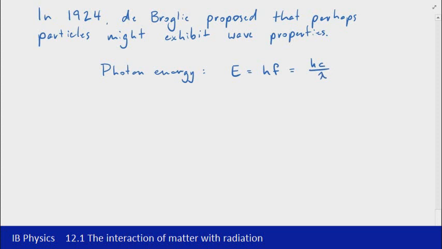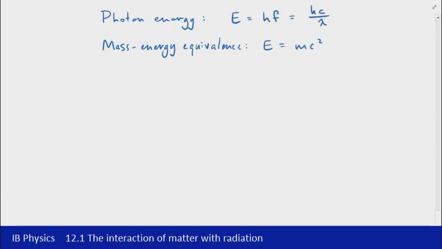If we then also look at Einstein's equation, the mass-energy equivalence, linking those two properties of mass and energy, we have an expression for energy given by E equals mc squared. So we've got these two expressions for energy, and for a photon they're the same thing. So we can say that hc on lambda is equal to mc squared.